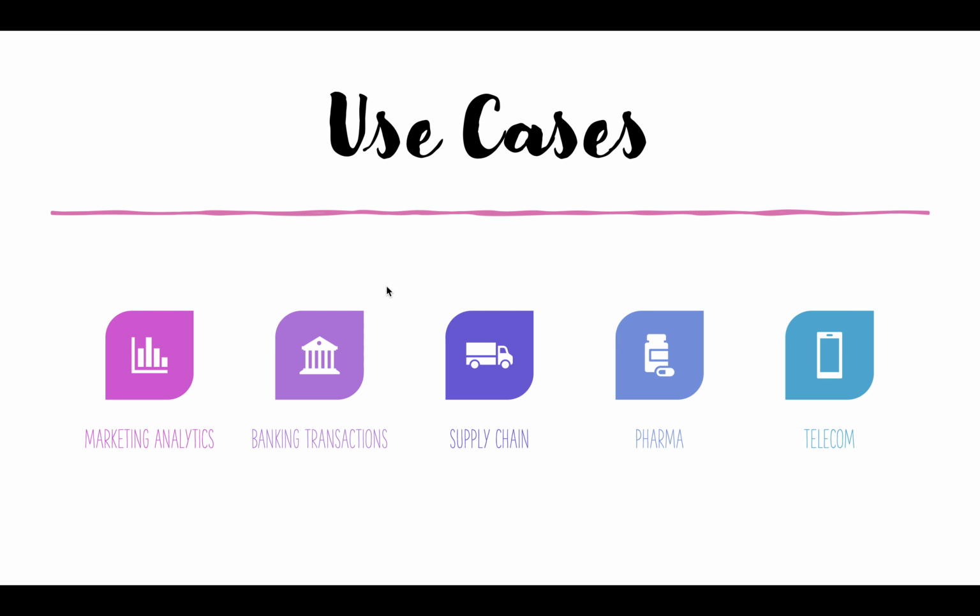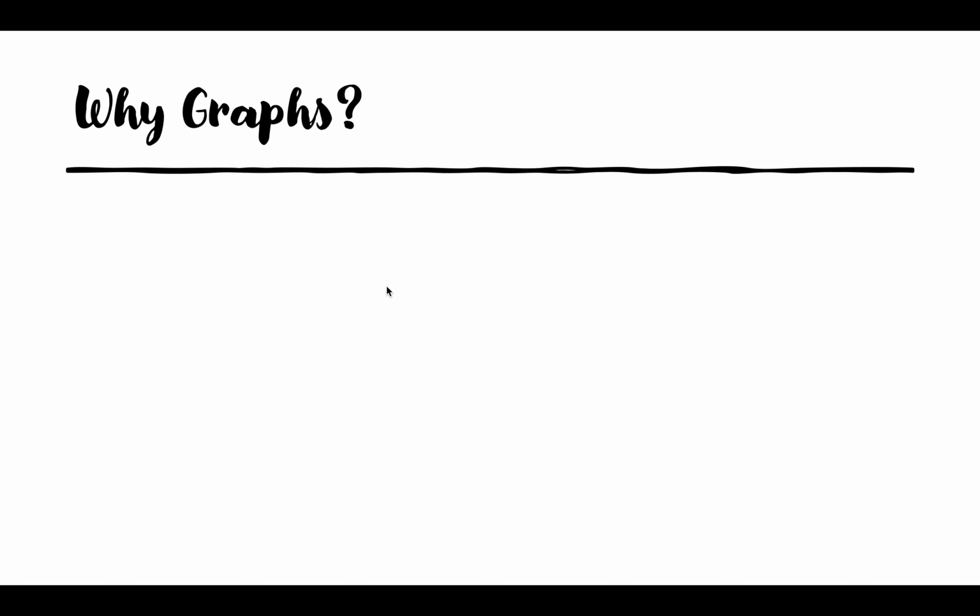So far we have seen different use cases where networks are important and could be utilized. The question that you probably have in mind is why we need to use graphs, why we don't use any other sorts of analysis, which we actually do, but why graphs are so important.